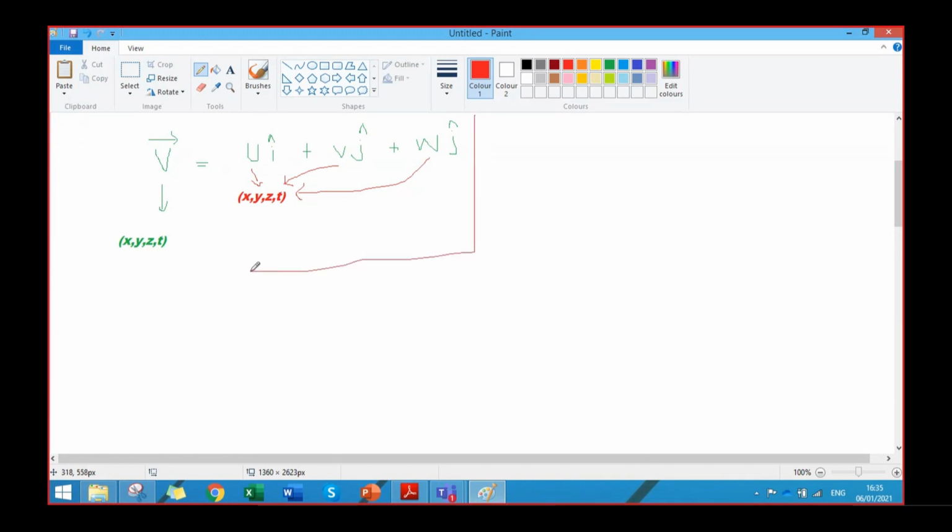So if I ask you to calculate the acceleration, what will you do? You will say, okay, take the derivative of the velocity field. If I ask you to calculate the acceleration field, what will you say to me? You will say, okay, sir, take the derivative of the velocity field with respect to time. You will get the acceleration, right?